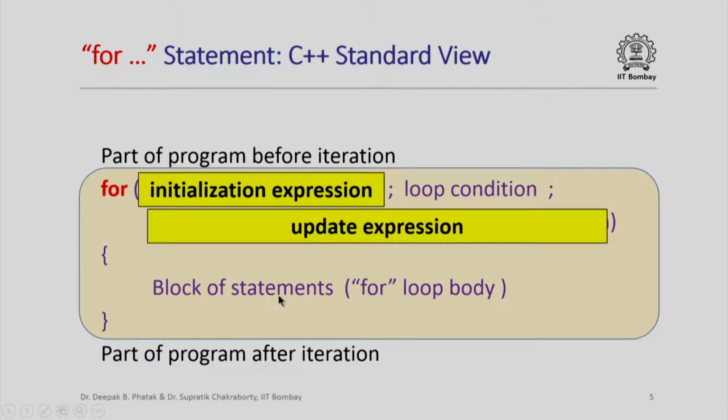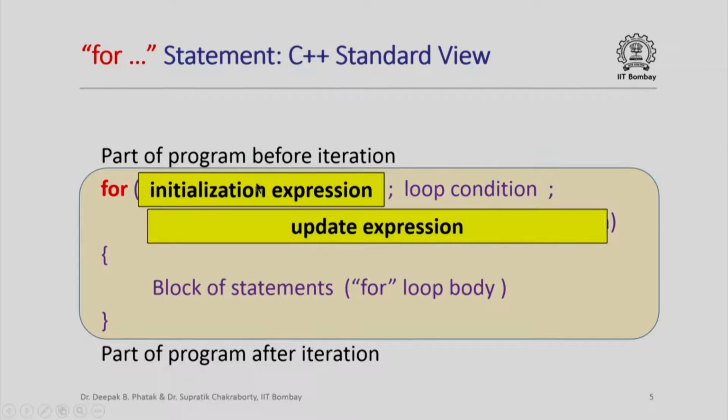Now, if you look at the C++ standard, it specifies that a for loop must look something like this. Instead of the initialization code, it says that you must have an initialization expression, and instead of instructions to execute at the end of every iteration, it says that you must have an update expression. So this looks a bit strange.